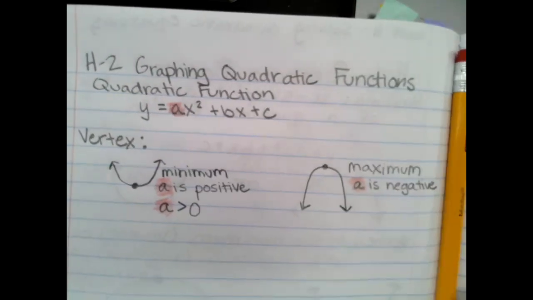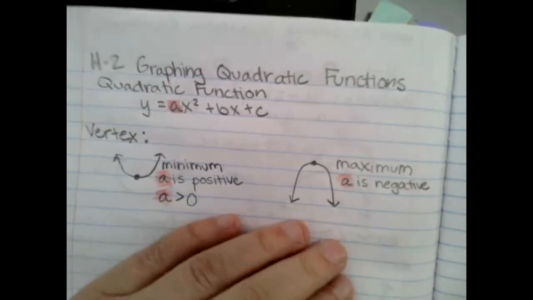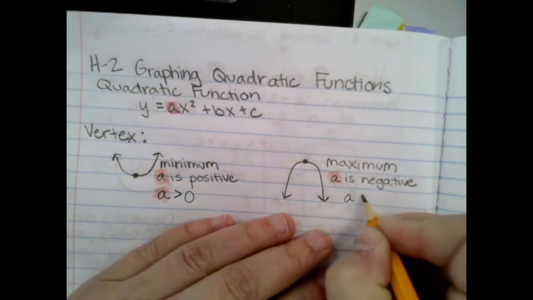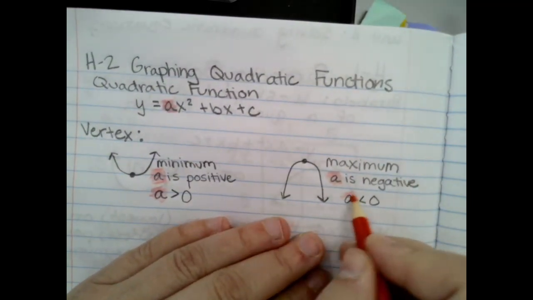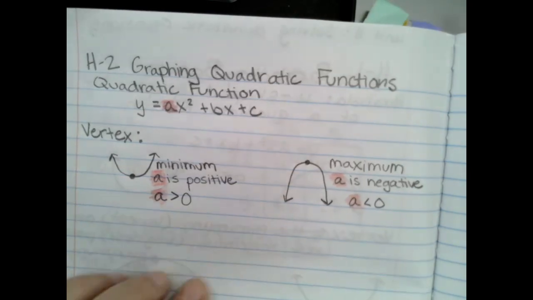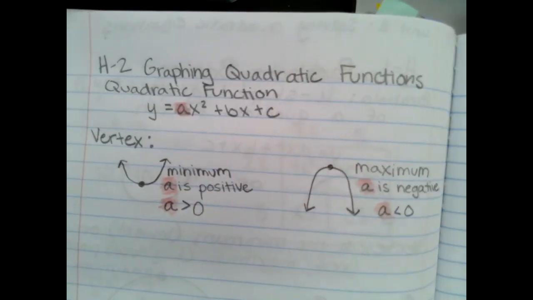Okay, and where are numbers that are negative located? Below 0. Whoa. A lot happening there.